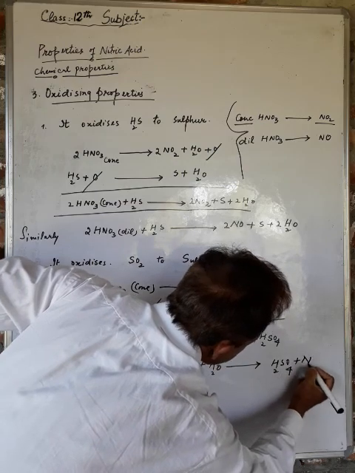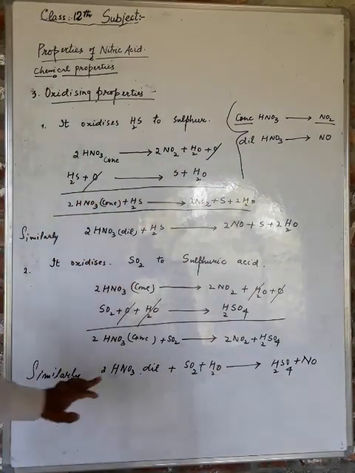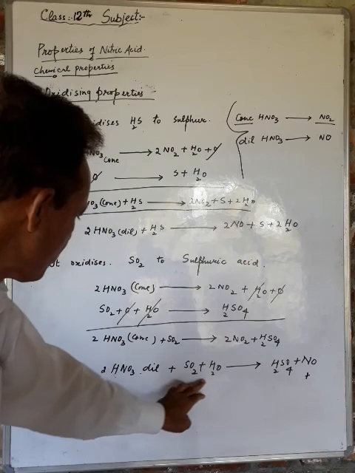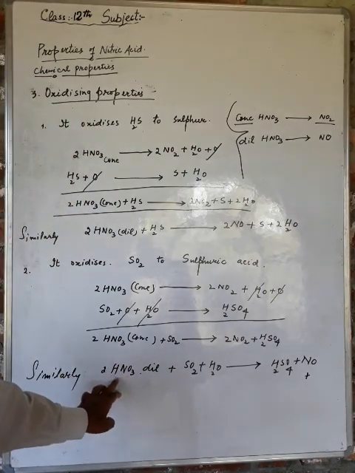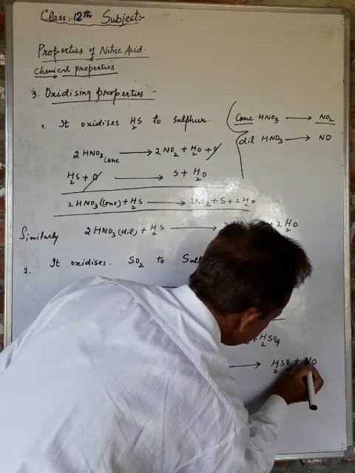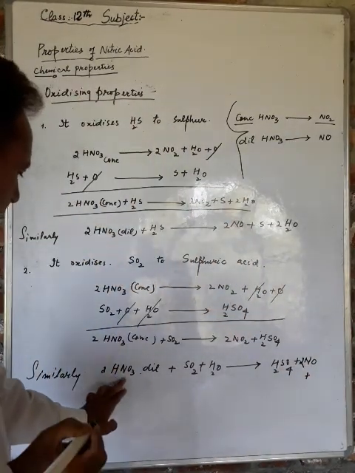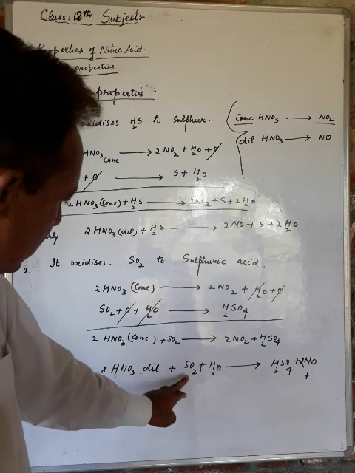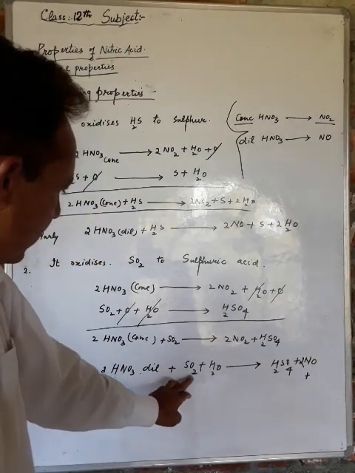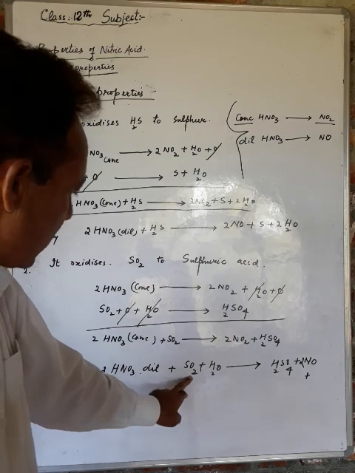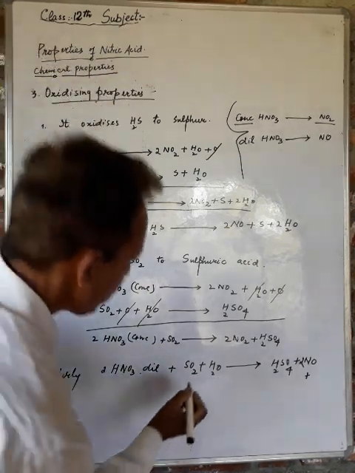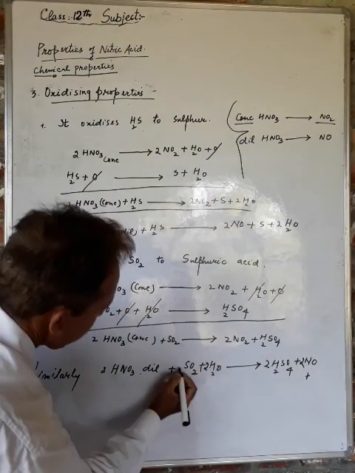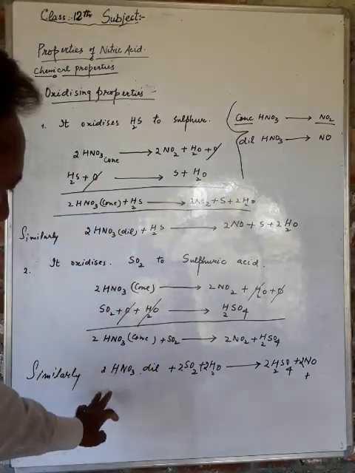Here NO is formed, H2SO4 plus NO. Here we will first balance it: twice NO, so nitrogen is balanced, then sulfur, 2 3s are 6, 6 plus sulfur is 1, 6 O2, 8, 9, so we will double this, twice water.